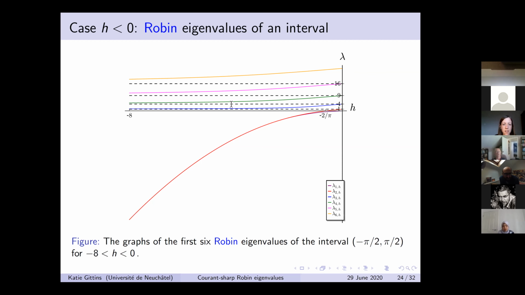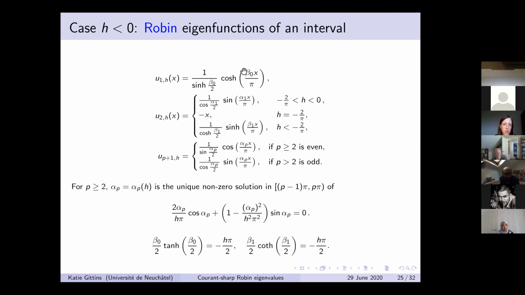The corresponding eigenfunctions look similar to before, except for the negative ones, where we have hyperbolic cosine and hyperbolic sine instead. In the notation that I'm going to use, the alphas will be as before, corresponding to the Robin condition, except now they're in the interval (p minus 1)pi to p pi. And then the betas will correspond to the negative Robin eigenvalues.